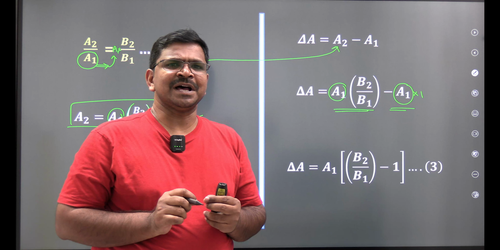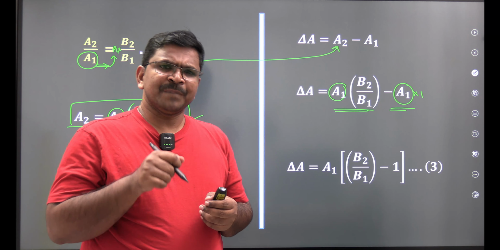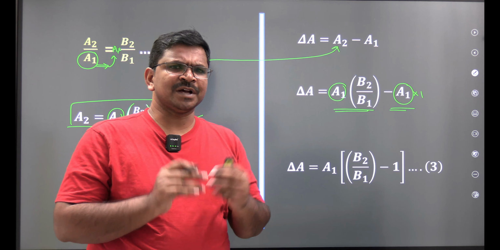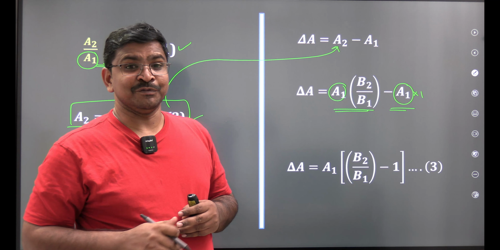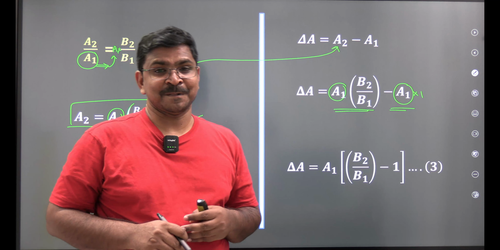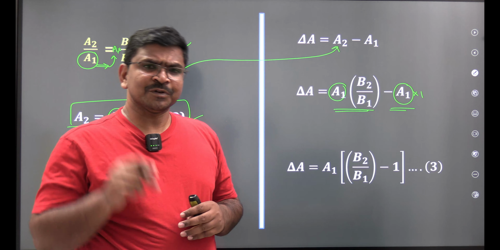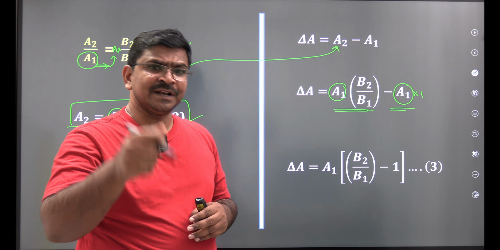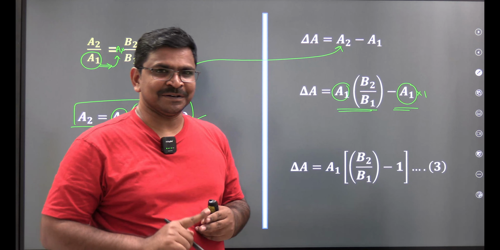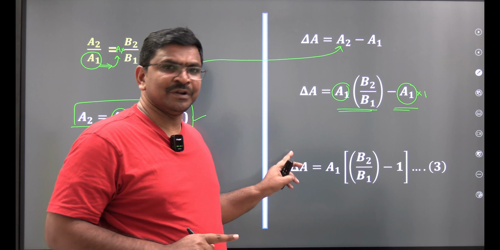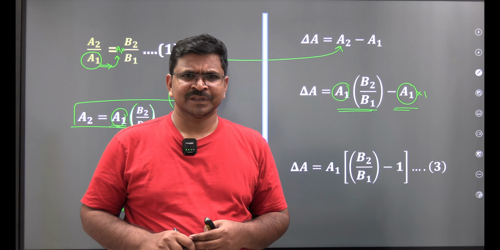When you compare the loss with the investment. A 1 rupee loss on a 2 rupee investment is really dangerous, a heavy loss. The same 1 rupee on an investment of 10 lakh rupees is negligible. How can you know this? When you compare whatever change you got with the original value A1, that is the first quantity. Simple.